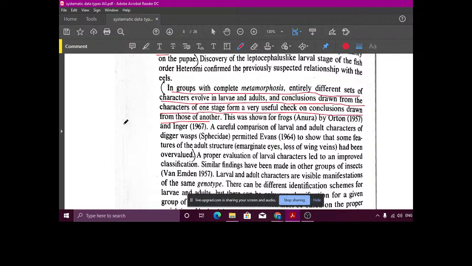One group has a development from larva to adult, and another group also has a development from larva to adult. Now you look at the intermediate stages. Do the intermediate stages look the same? If they don't look the same, then they are different. Those groups, you can keep in different groups.